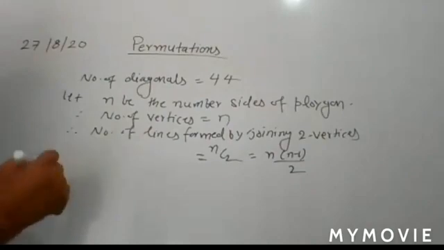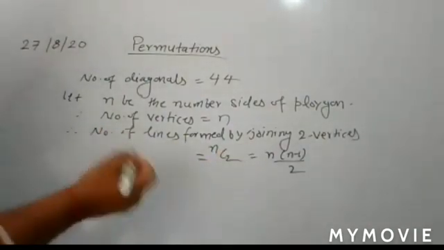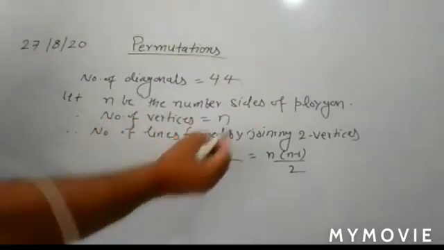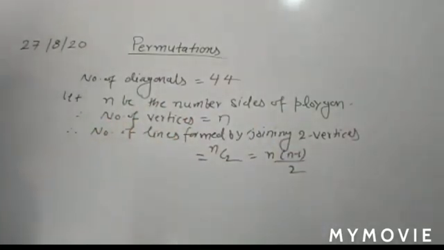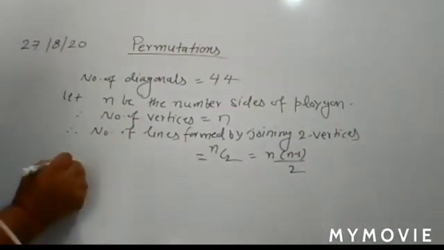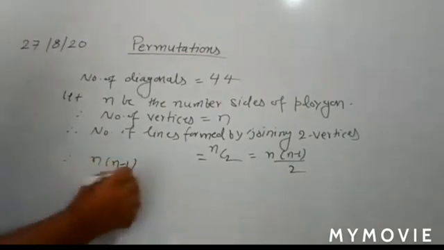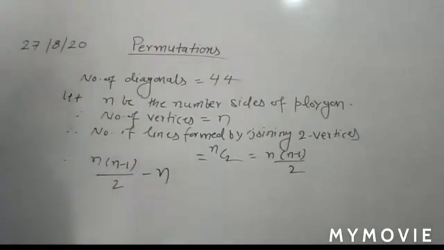ठीक है बेटा? But that number of lines contains the number of sides also. So if you subtract n, you will have the number of diagonals. Understand? So you can write it directly: n into n minus 1 upon 2 minus n gives the number of diagonals.